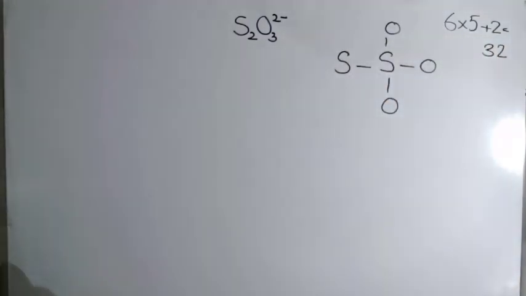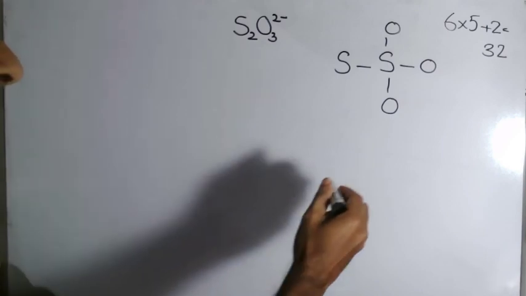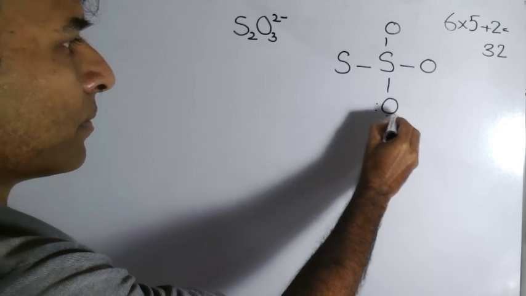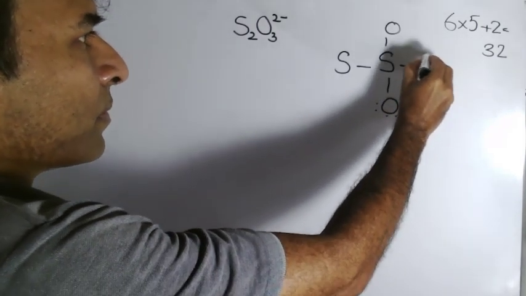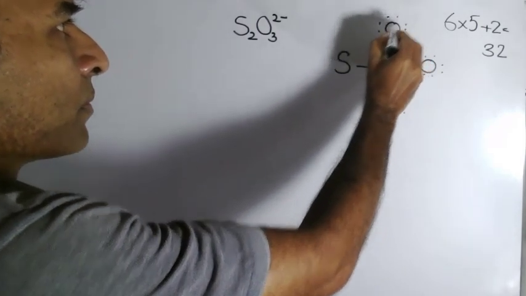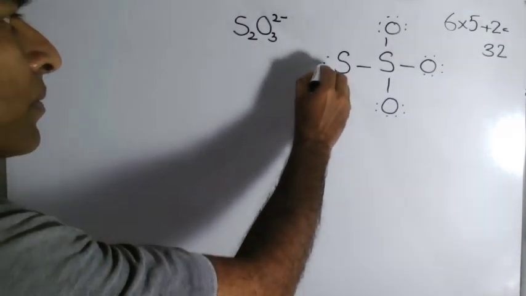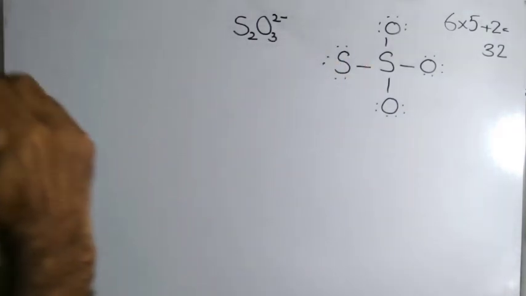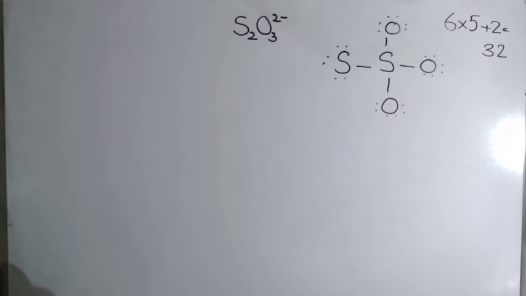Then we will complete the octet of these outer atoms. And we used all the 32 electrons. So next step, we have to check whether the center sulfur atom has completed the octet.